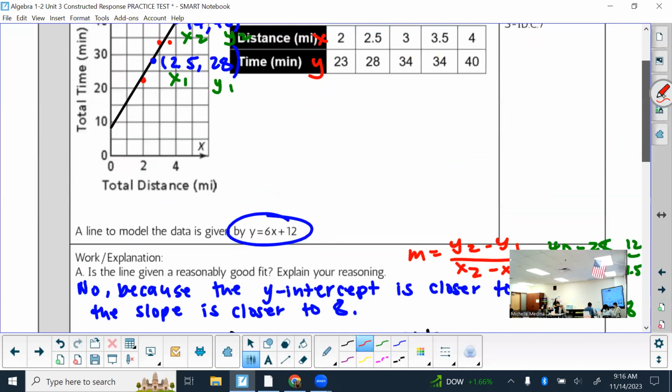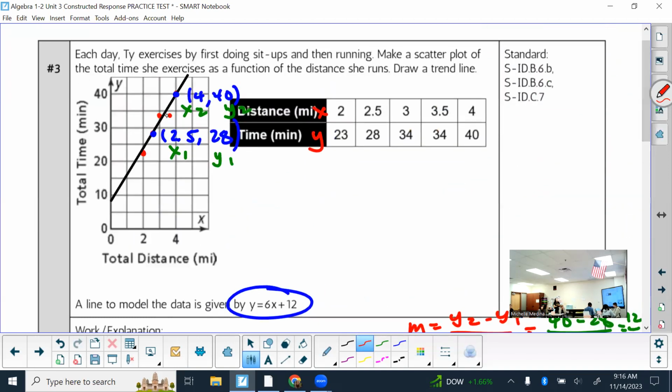Remember, slope is rate of change. So if it's going up by 8, what is 8 representing? All right, my slope is 8, which if you make that a fraction, it's 8 over 1, so rise over run.